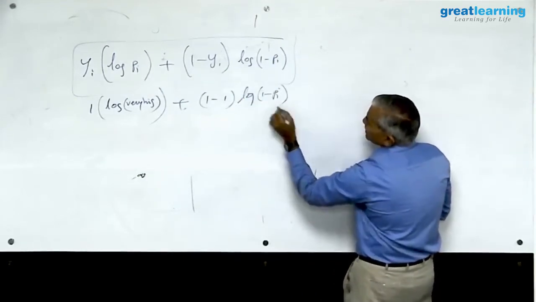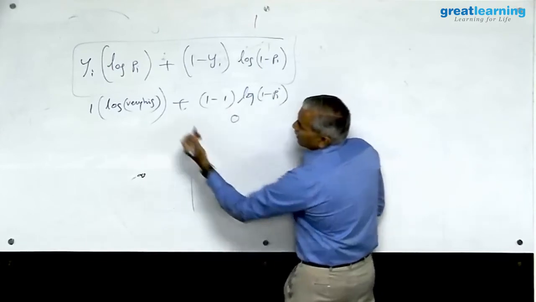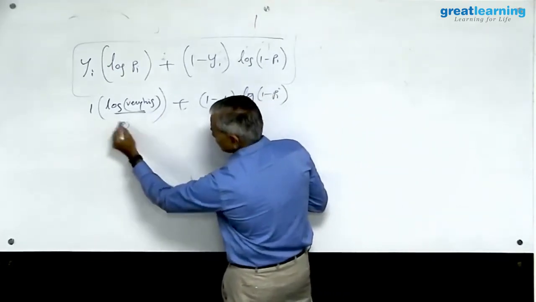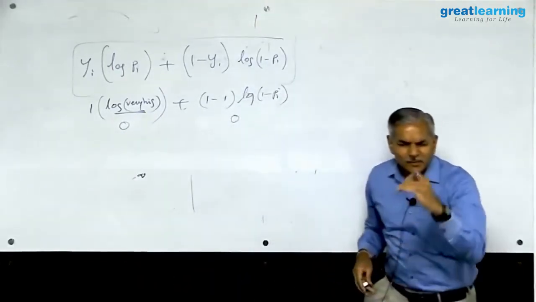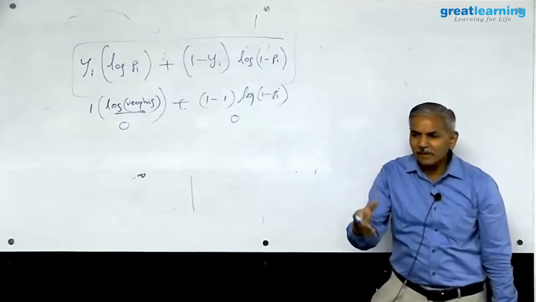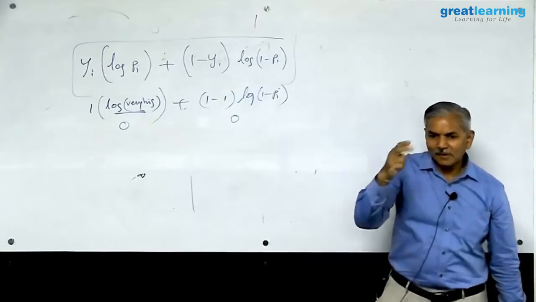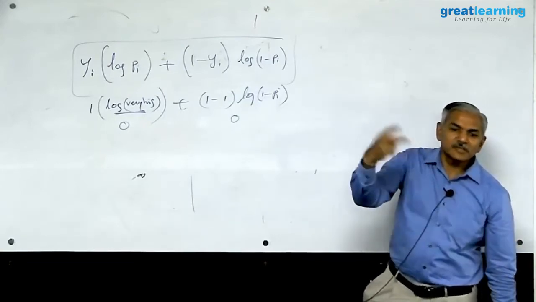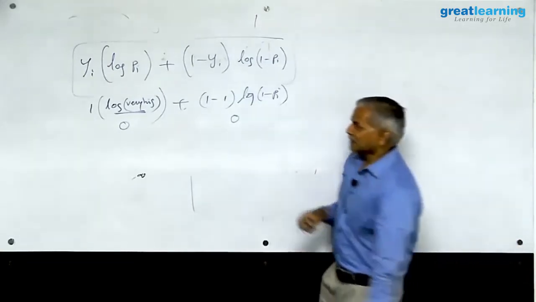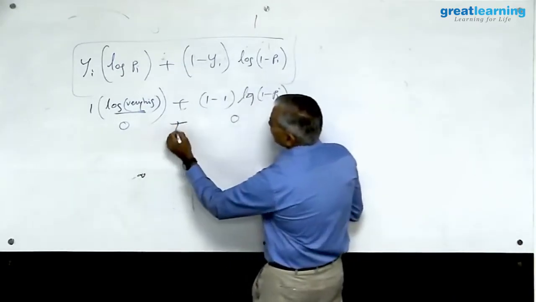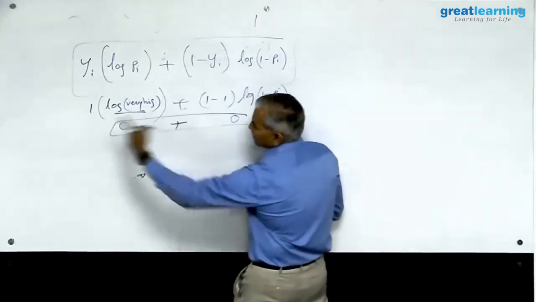So this whole expression will become 0. Log of 1 is 0 because 2 power 0 is 1. This is log to the base 2. So overall your contribution to the error is 0.